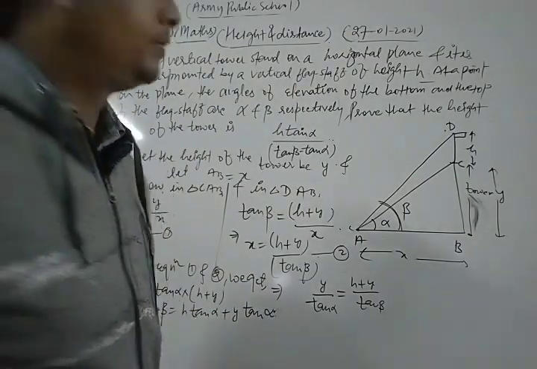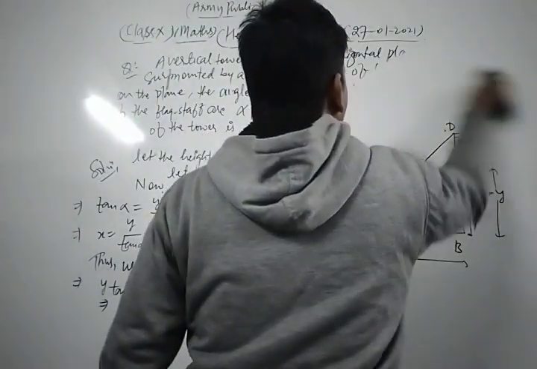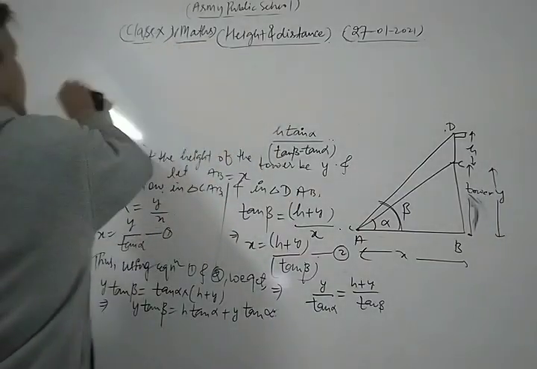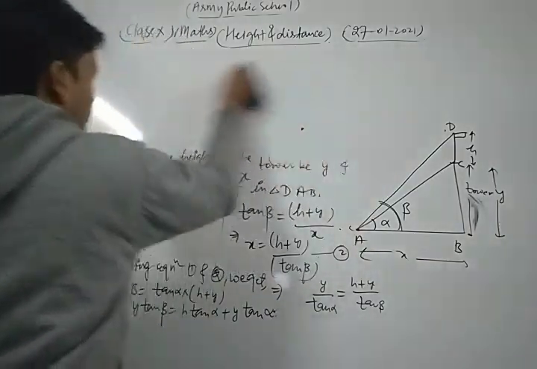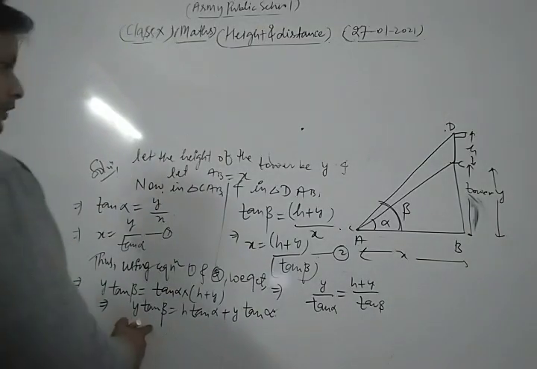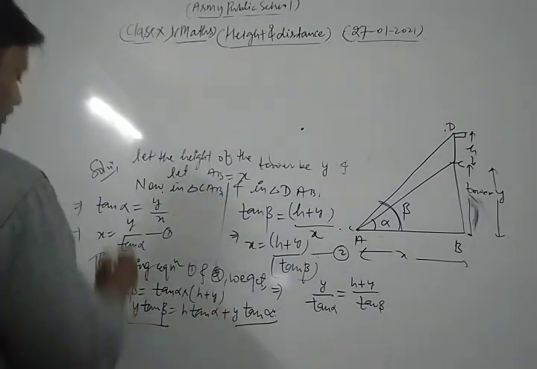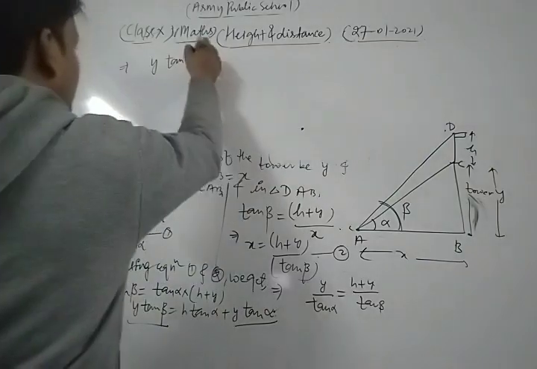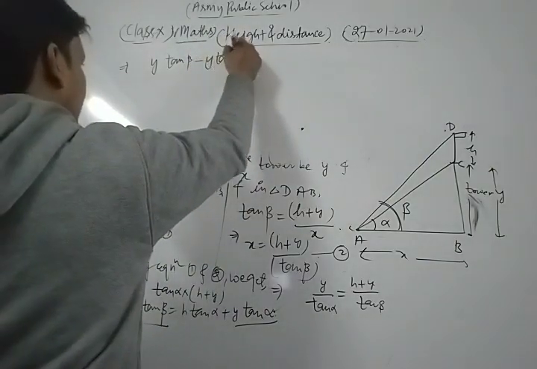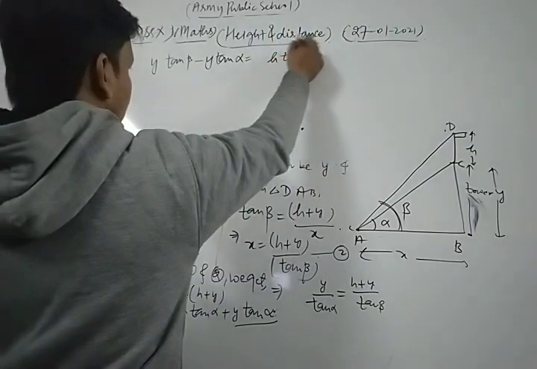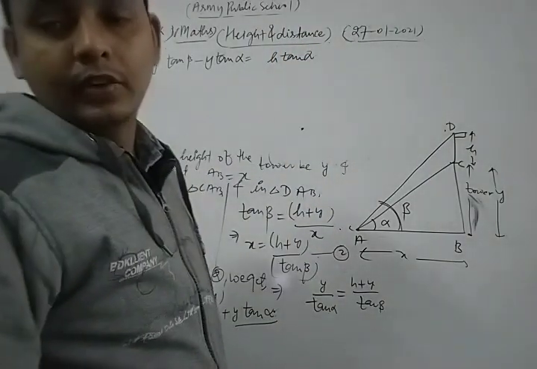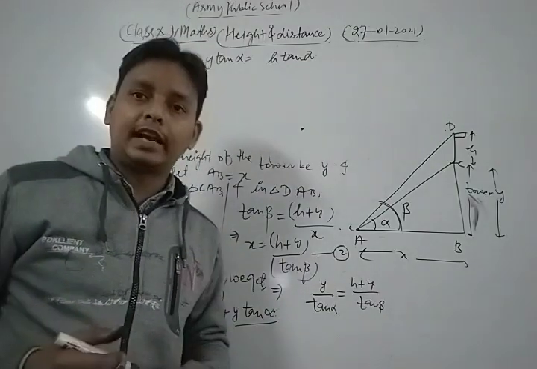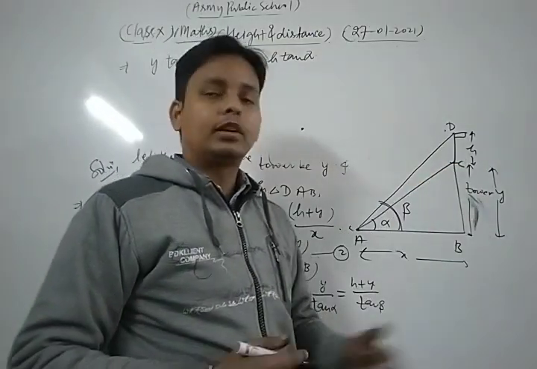Now we separate the y. This is y tan beta, and we transfer plus y tan alpha to that side, so this is minus y tan alpha, equal to h tan alpha. We want to find the height of the tower, so we want y.